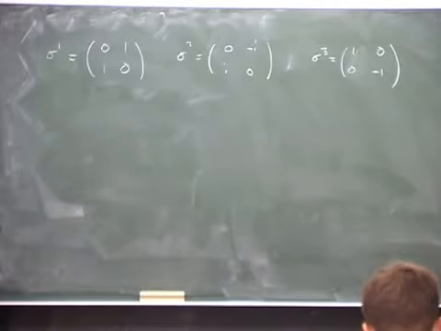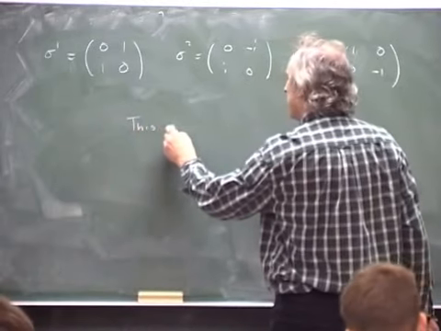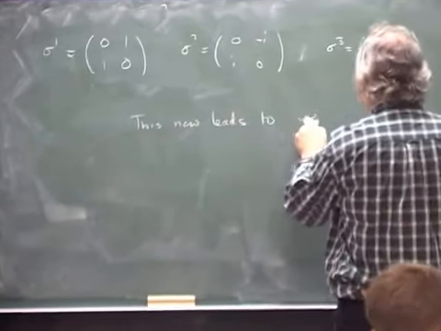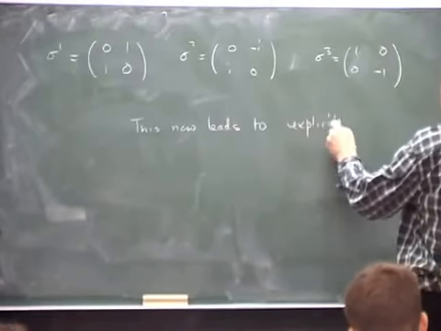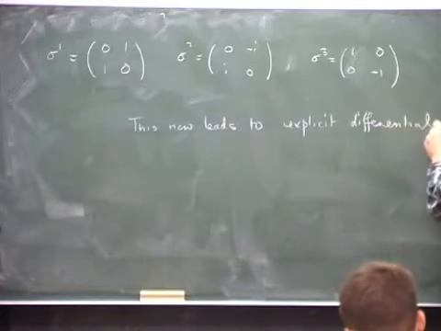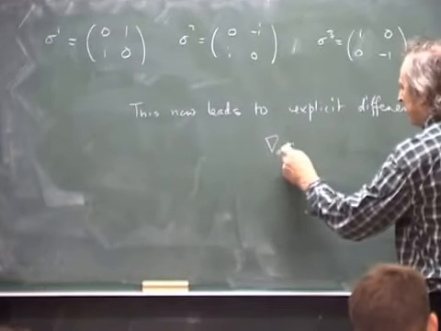Now you substitute this in and get an explicit differential equation for epsilon, if you want to solve del A epsilon equals 0.